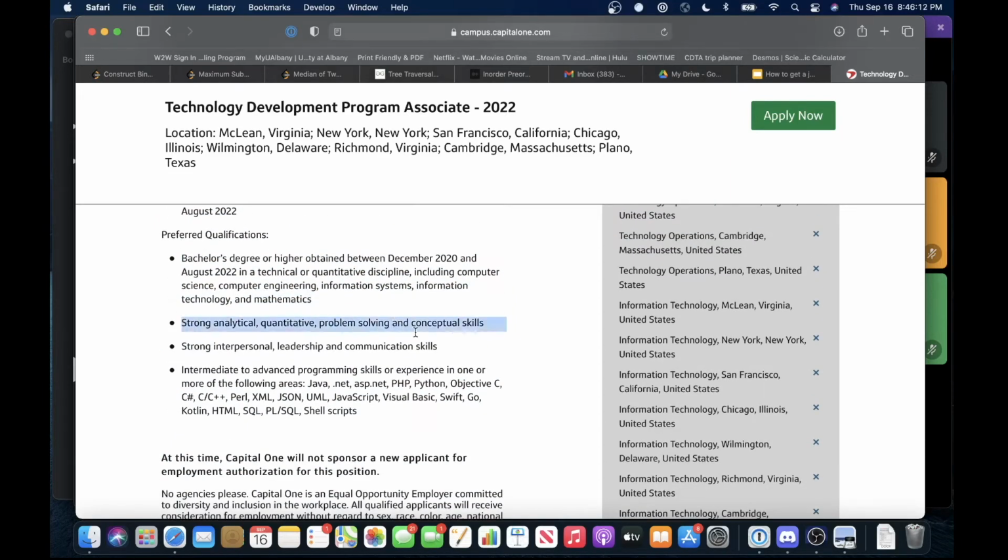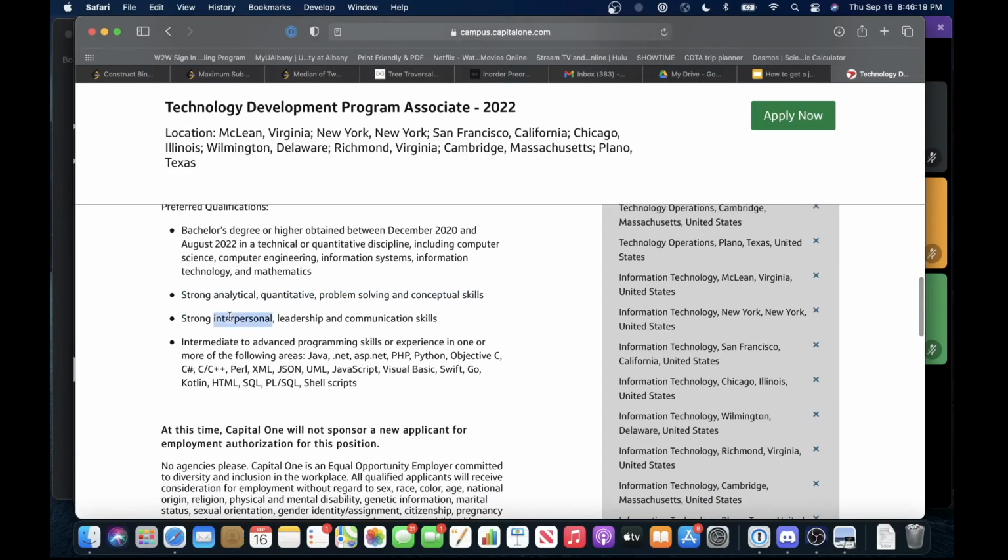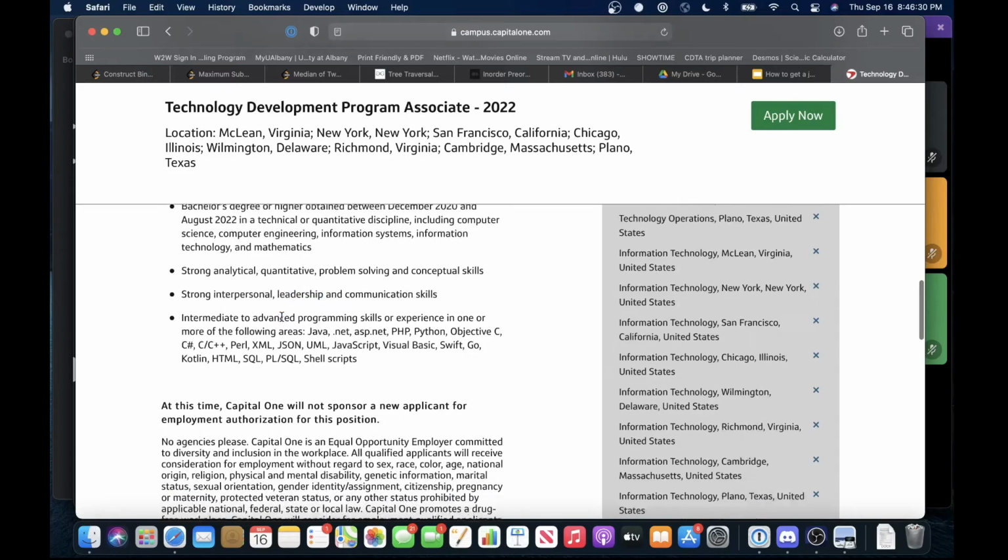You have strong analytical, quantitative problem solving and conceptual skills, which nobody's going to say they don't have. Strong interpersonal or leadership and communication skills. Nobody's going to say they don't have that. But if you have any leadership roles that you're involved with, then you should put them on your resume.